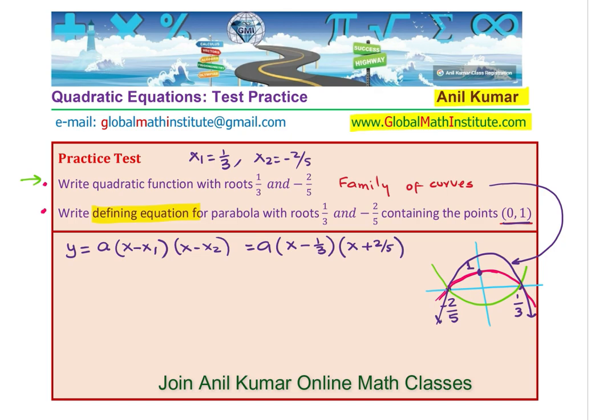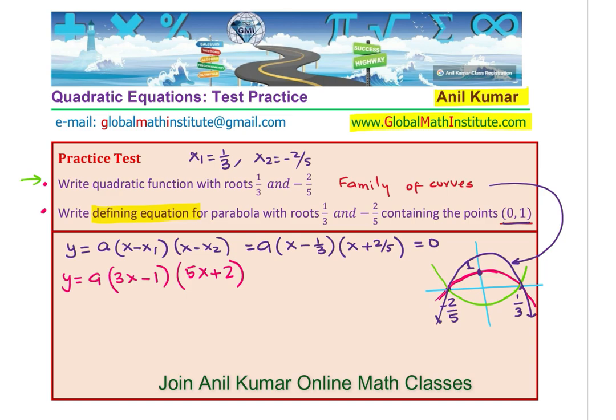Now, that leads to a lot of difficulties. We are saying that this is actually equal to 0 when these roots are there, right? So if I multiply everything by 3 and 5, what I get is without fractions, correct? So we prefer to write like this: y equals a times, for 1 over 3, I could write 3x minus 1, and the other one as 5x plus 2.